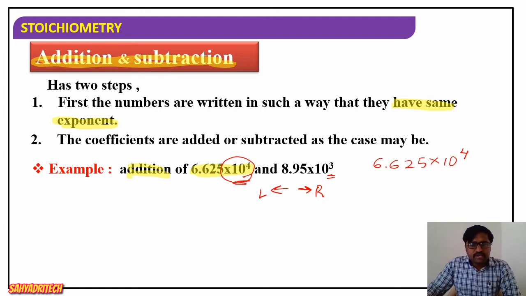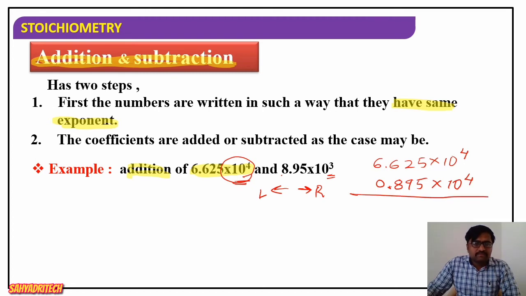If it moves towards the right side, the exponent decreases. Now I will consider the second number and move the decimal point by one position. The value is 0.895 into 10 raised to... if you move the decimal point towards the left side, the exponent now becomes 4.